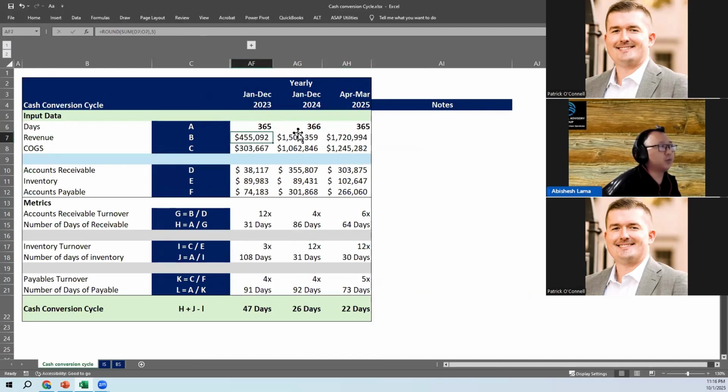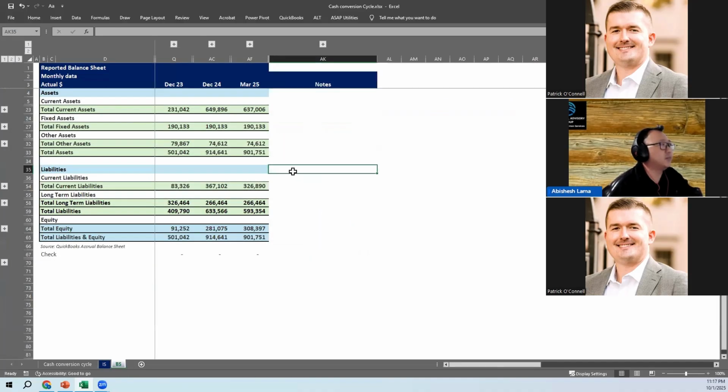You would want to populate it this way, revenue and cost of goods sold. The next three items required to compute cash conversion cycle would be accounts receivable balance, inventory balance, and accounts payable balance. For this, we would have to go to the balance sheet of the company.